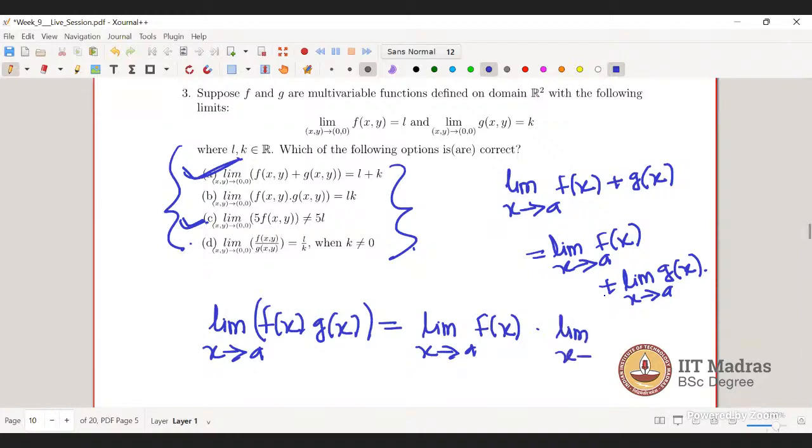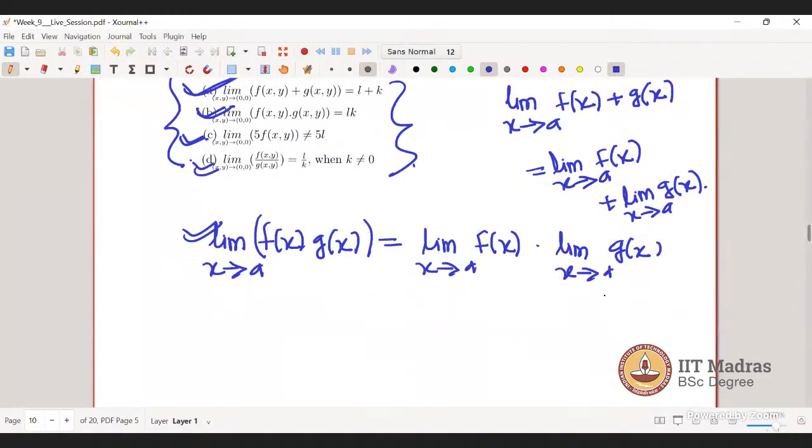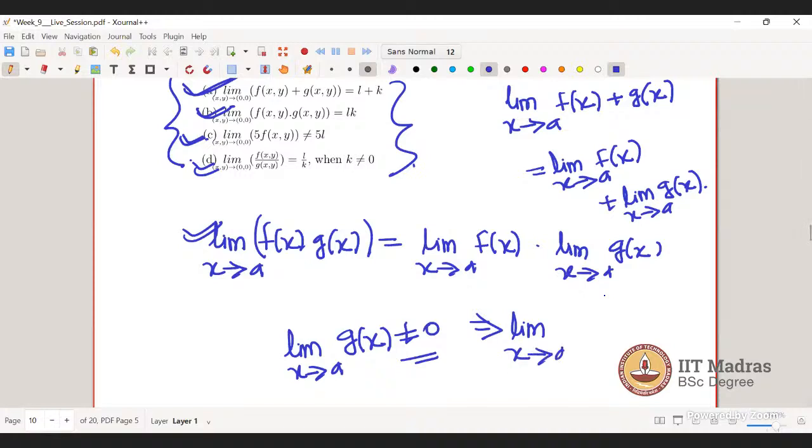And we have a similar kind of property in case of a multivariable function. Also, if the limit as x tends to a of g of x is non-zero, then I can apply the quotient rule: the limit as x tends to a of f of x by g of x is the limit of f of x by the limit of g of x. Similarly, I have this property for multivariable functions.